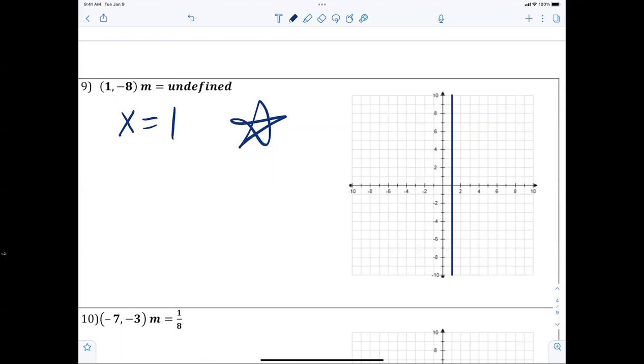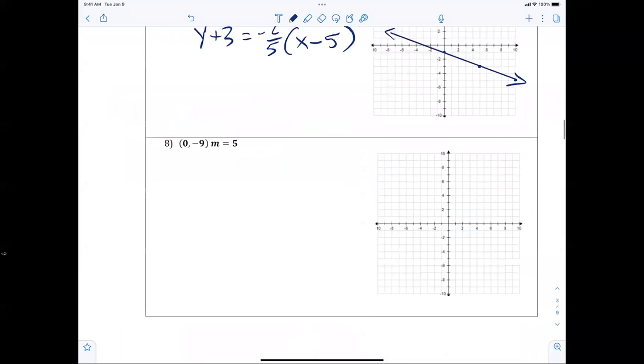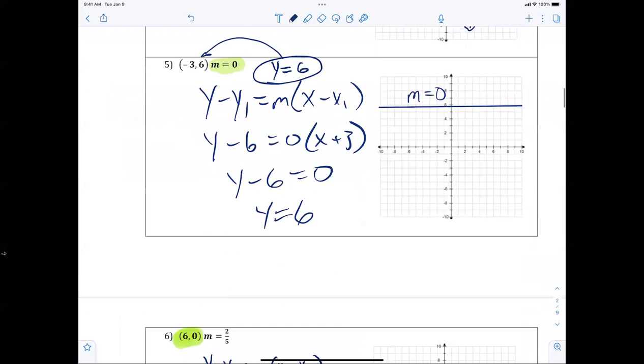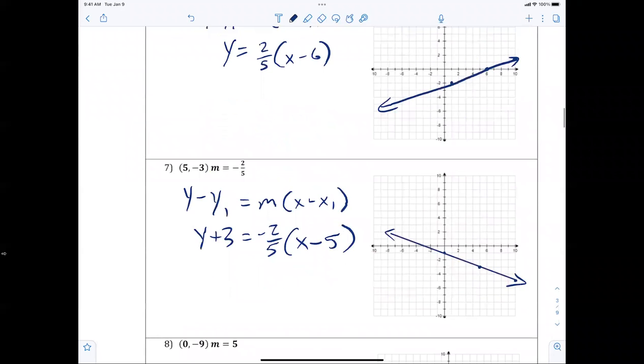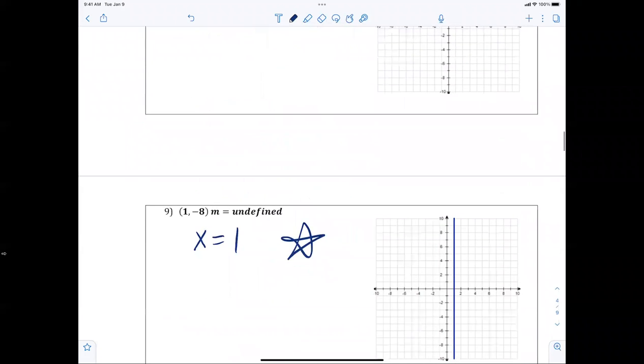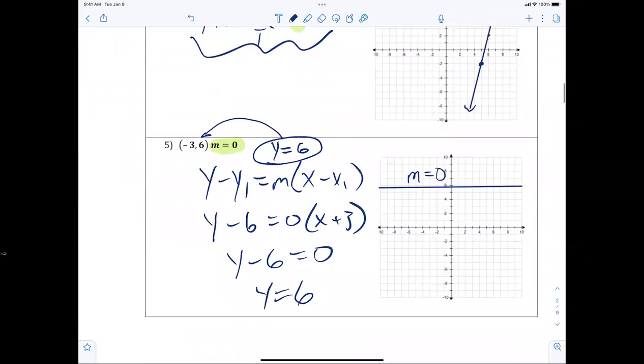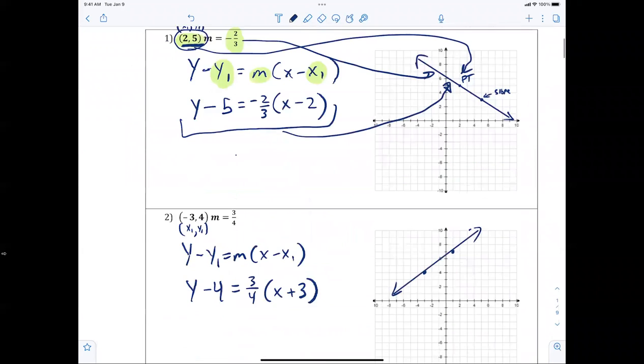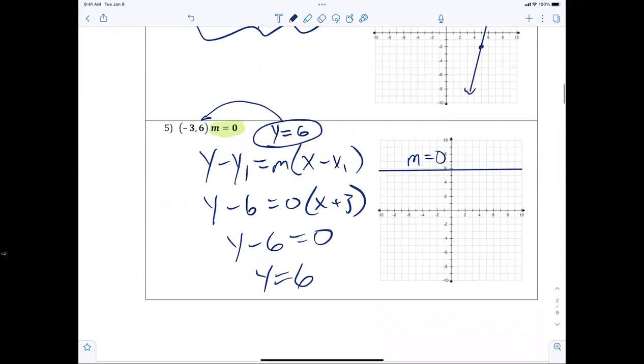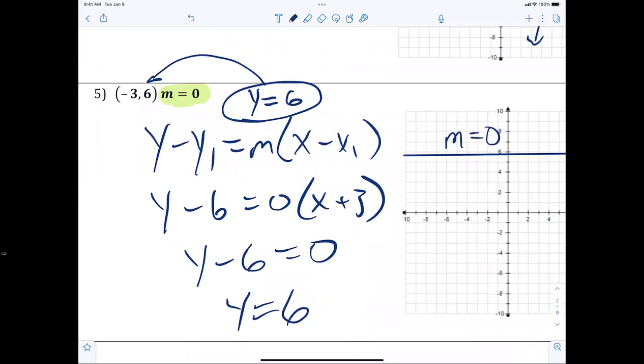I don't, because it's a special case. Just like back here. If the slope is, which one was slope 0? Here's number 5. The slope is 0, right? So I wrote y equals 6. All of this was completely unnecessary.